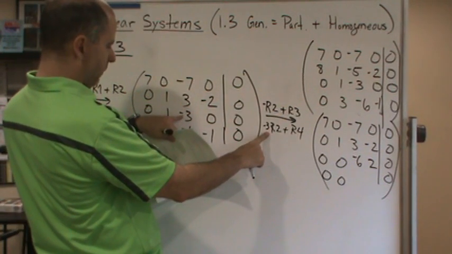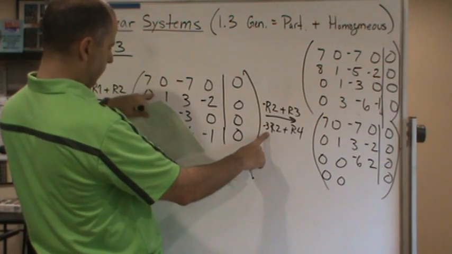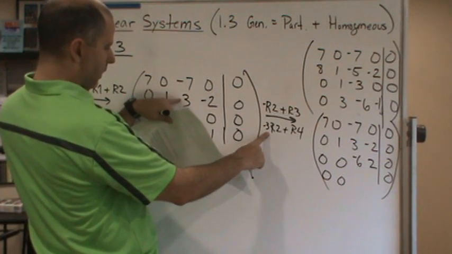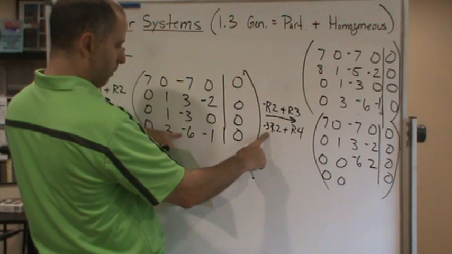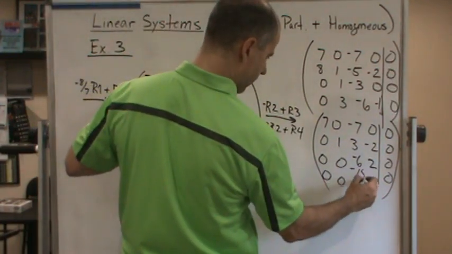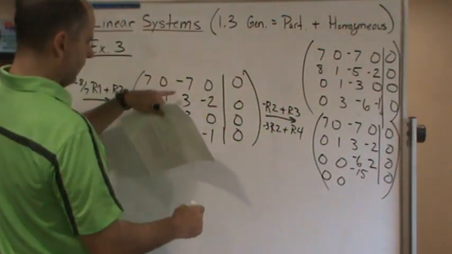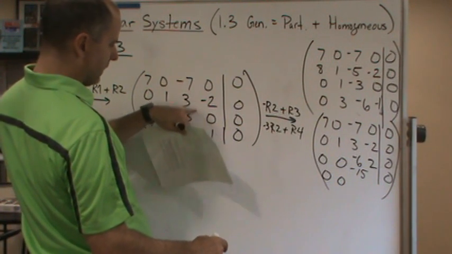Negative 3 times 3 is negative 9. Plus negative 6 is going to be negative 15.